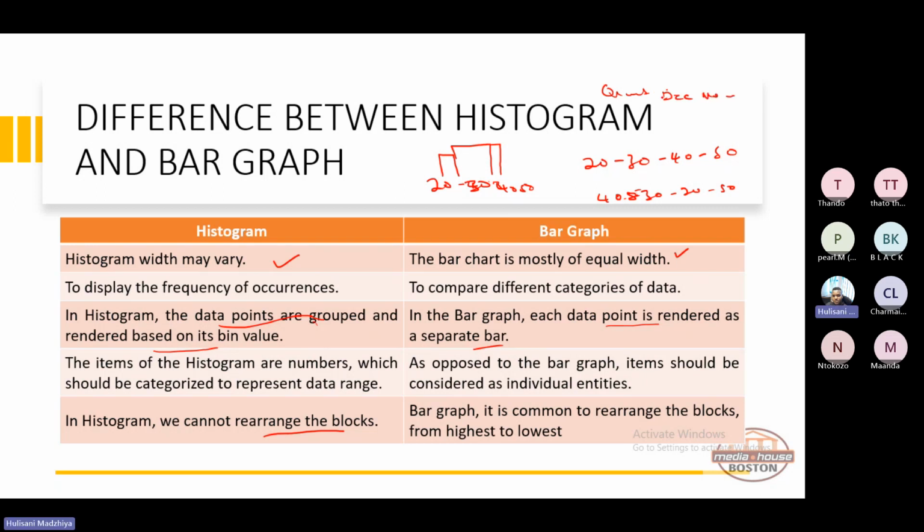You can even put January in between, February anywhere. You can put it from highest to lowest, or from lowest to highest, or from first quarter to third quarter. Whereas on the histogram, the range can no longer be rearranged. Once you've got a frequency or a range, it is done. It stays the same way.